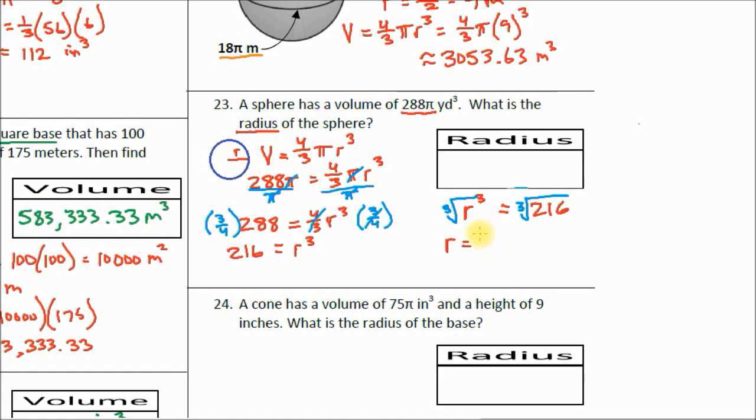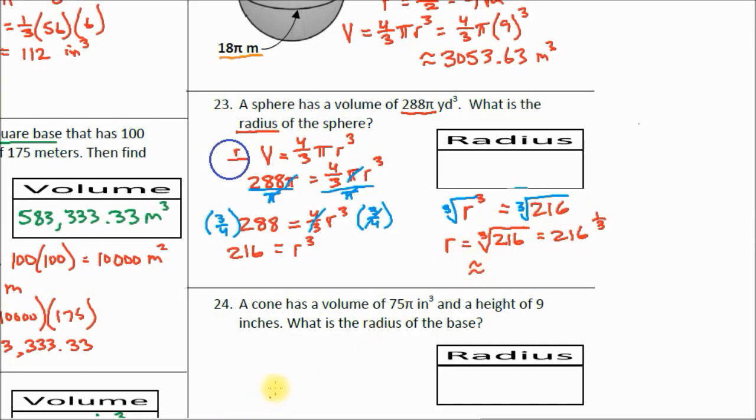R equals the cube root of 216, which we learned we can put in our calculator as 216 raised to the 1/3 power. Remember, an exponent of 1/2 means square root, an exponent of 1/3 means cube root. So we put that in our calculator.